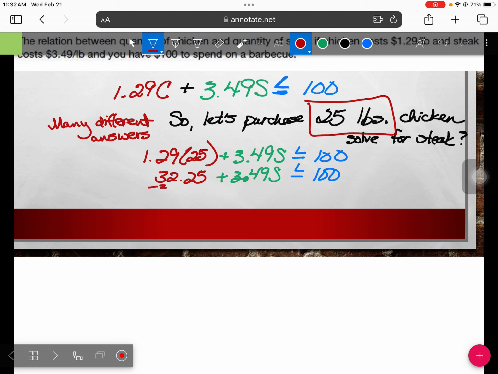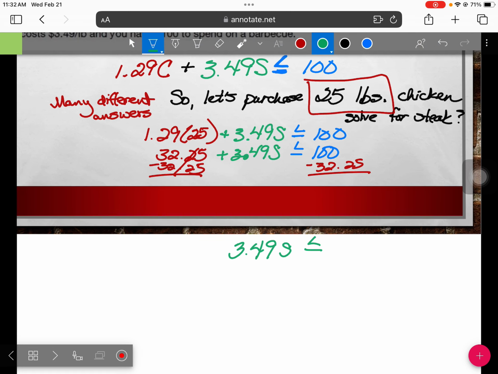Okay, then I need to subtract. And you're like, oh, wait, this is an inequality. When do I have to change that? Do I need to change that here? Oh, gosh.